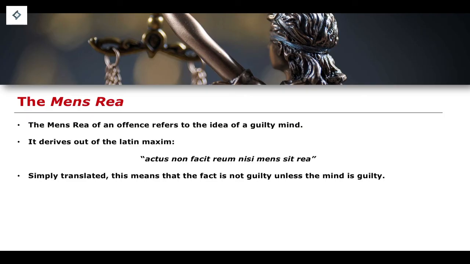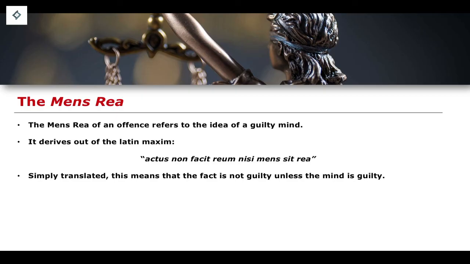It is also never enough to just have a guilty mind. You cannot be convicted of an offence because you had a guilty mind and you didn't actually perform the offence. The performance of the offence in conjunction with the mens rea is where criminal liability arises, in the majority of circumstances.